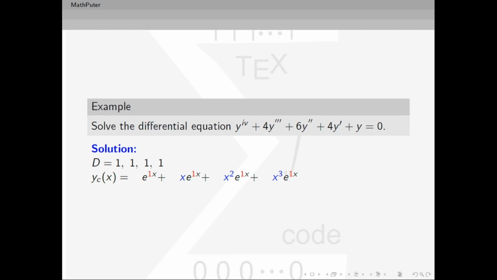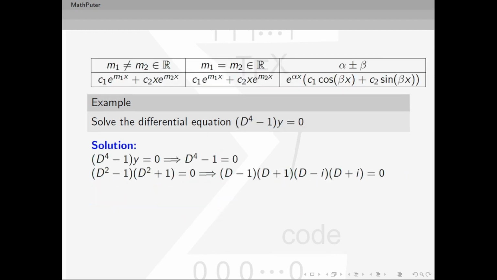For imaginary roots, we have the separate form, e raised to alpha x times c1 cos beta x plus c2 sin beta x, right? Now these four functions we have, let us multiply by the four constants c1, c2, c3 and c4, where c1, c2, c3, c4 are real numbers. Okay, I hope the idea is clear.